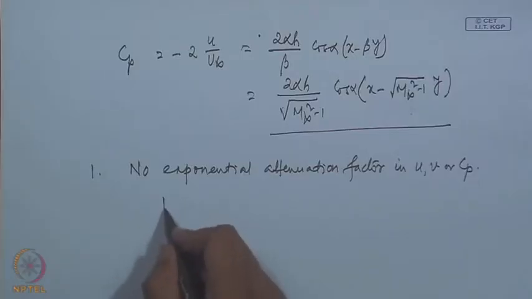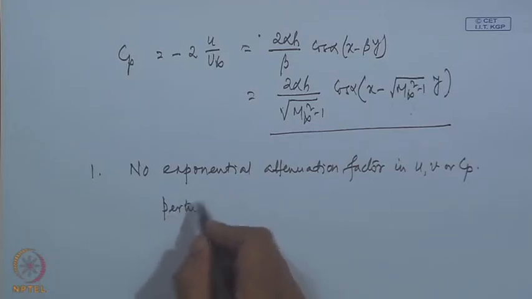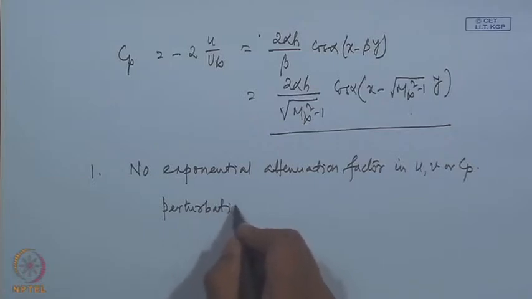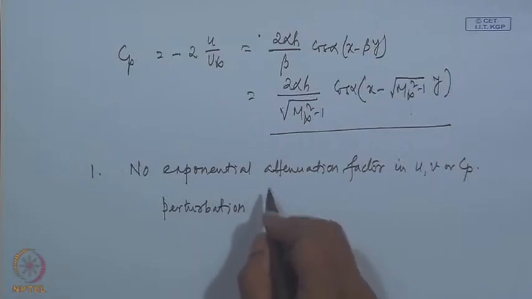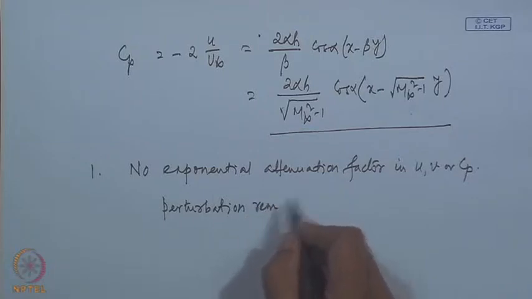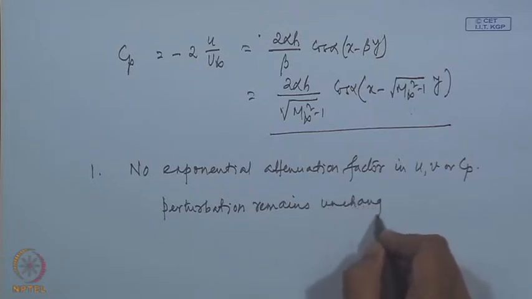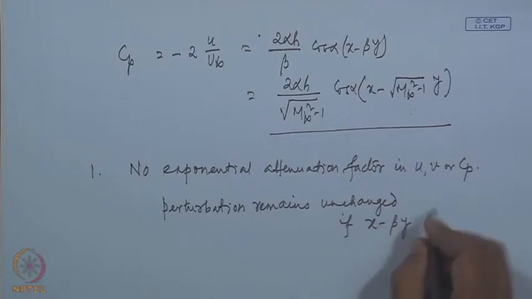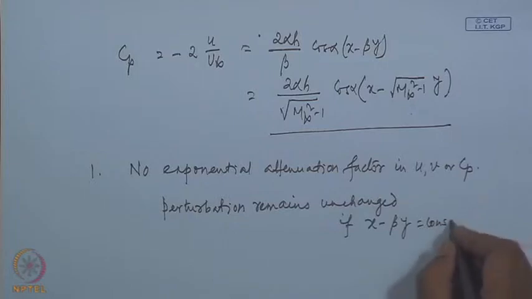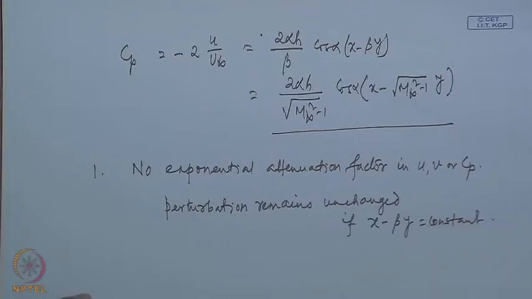In fact, what we can see here is that the perturbation remains constant as long as x minus beta y remains constant.